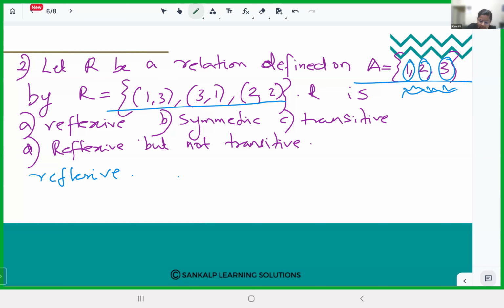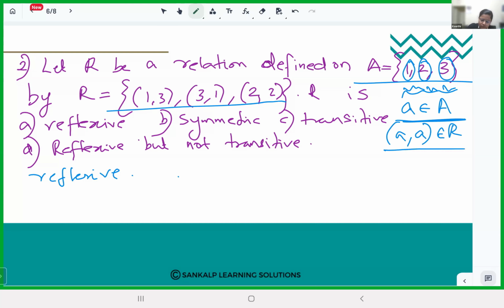That means if a belongs to A, then the ordered pair (a, a) should belong to R. That is the condition of a reflexive relation.